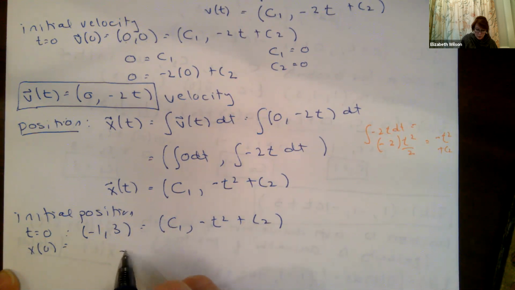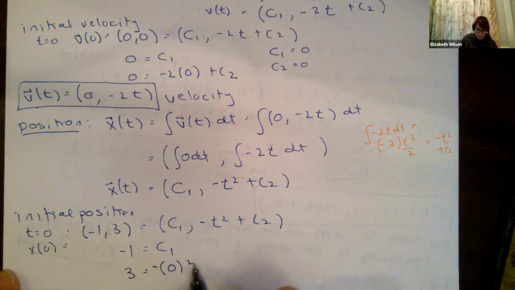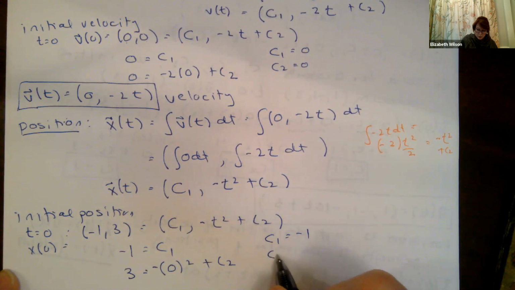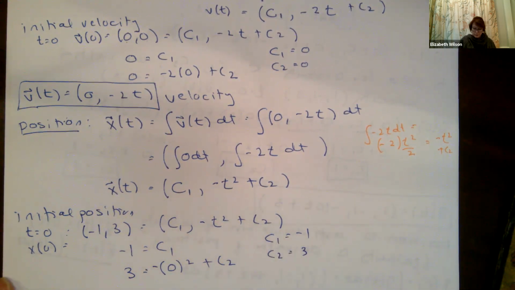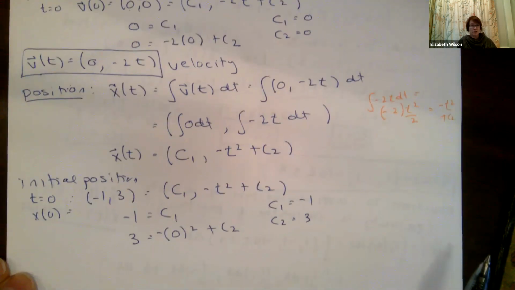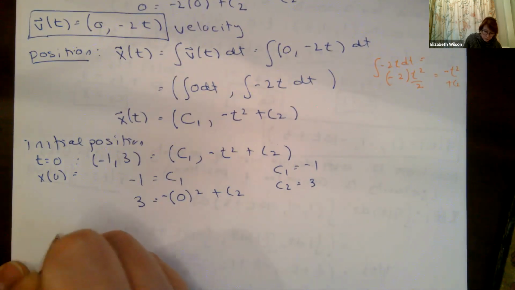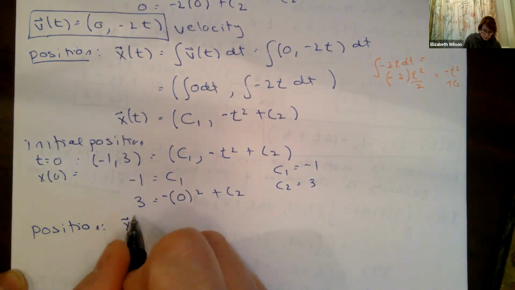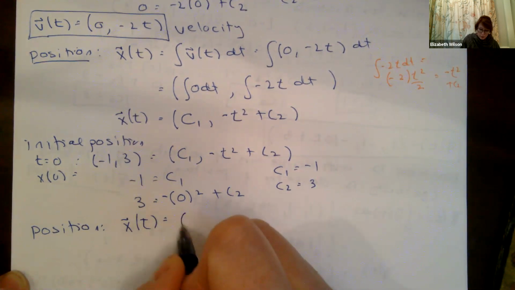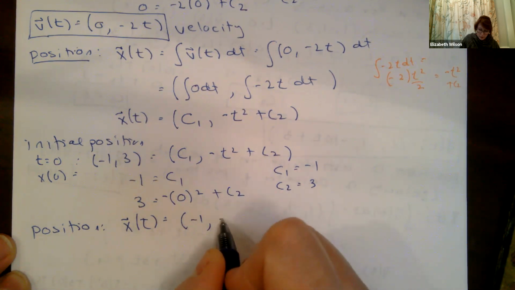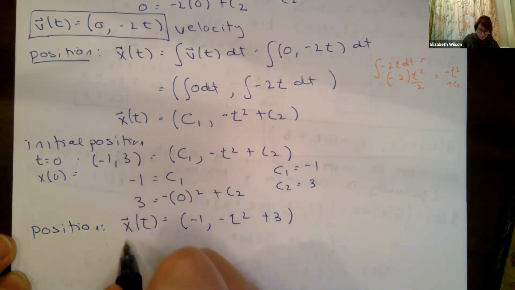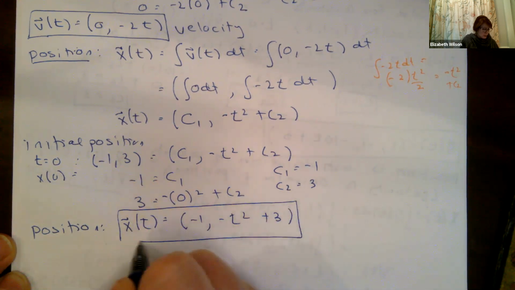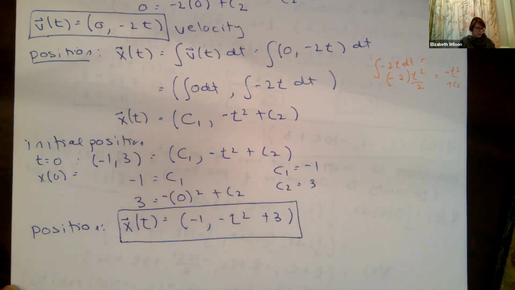Minus 1 equals C1. 3 equals minus 0 squared plus C2. So C1 equals minus 1, C2 equals 3. I'm going to plug that back in to get an equation for my position: minus 1, minus t squared plus 3. That gives me an equation for my position.